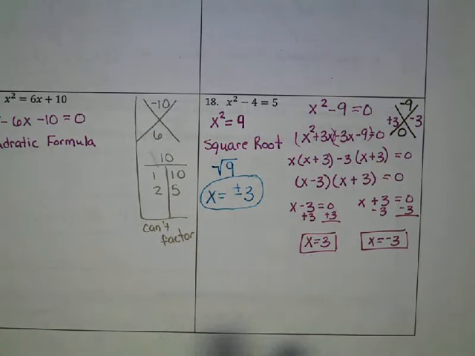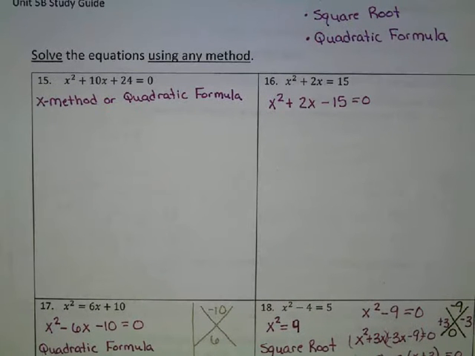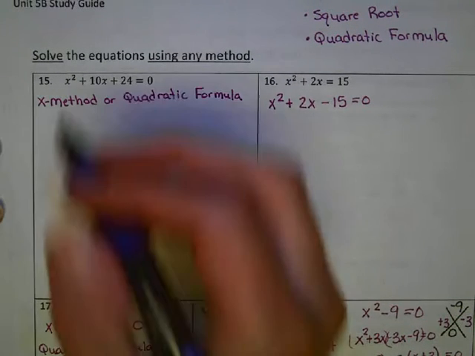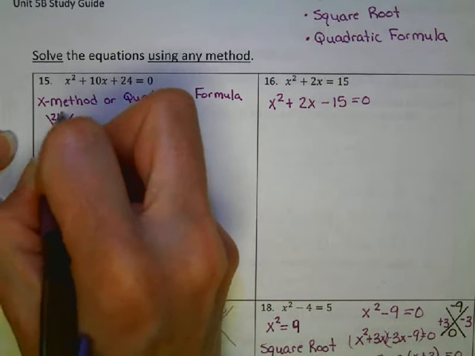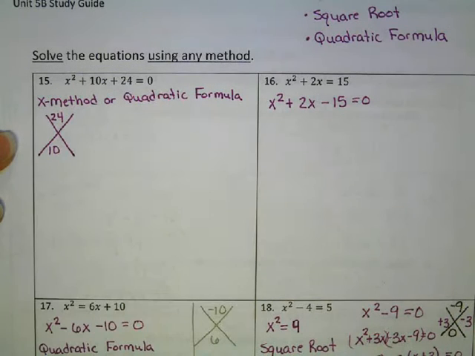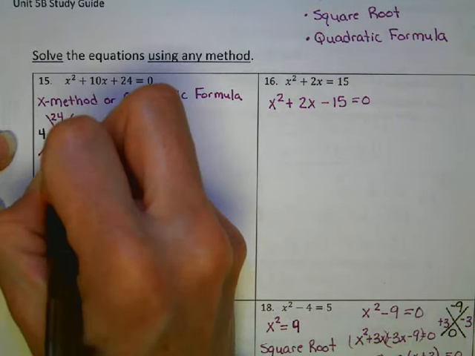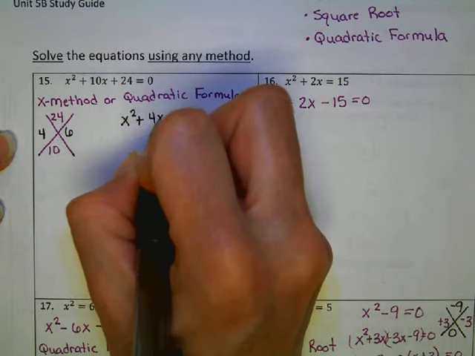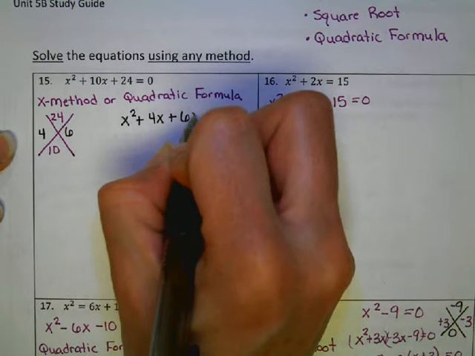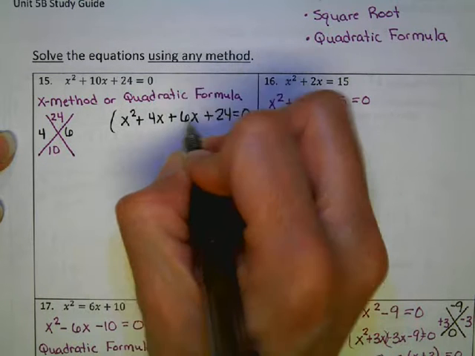Alright, so going back to the top of this page, that's kind of an idea of your choices. I'm going to use the x method on here. I'm going to say the factors of 24 that add up to 10 would be 4 and 6. Then I would group them.